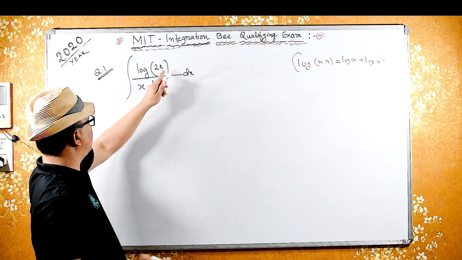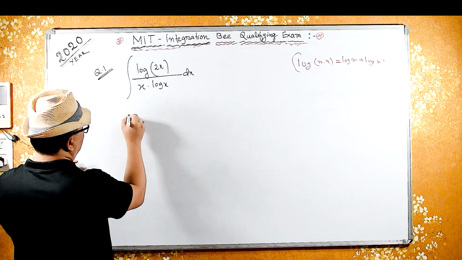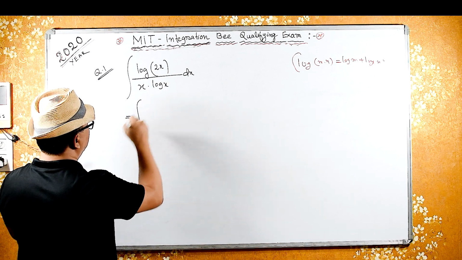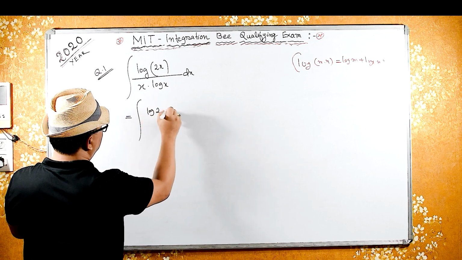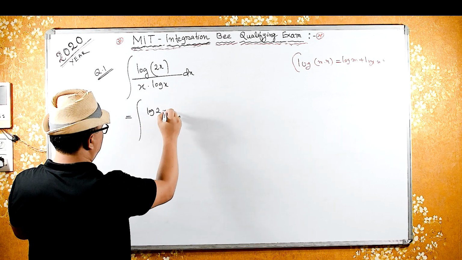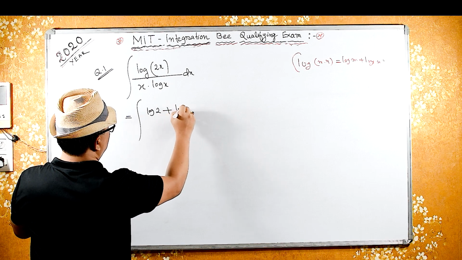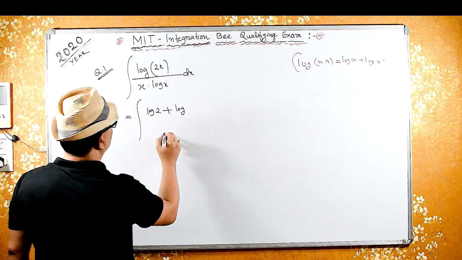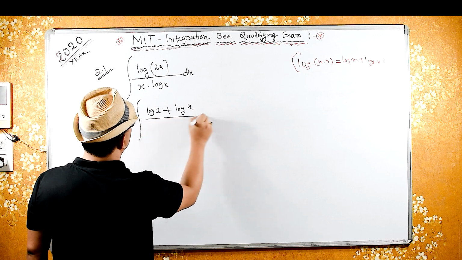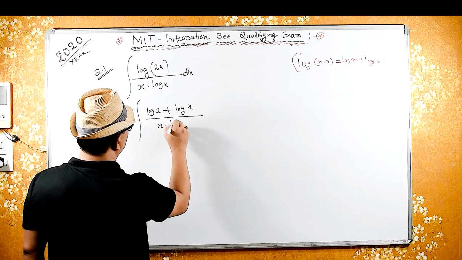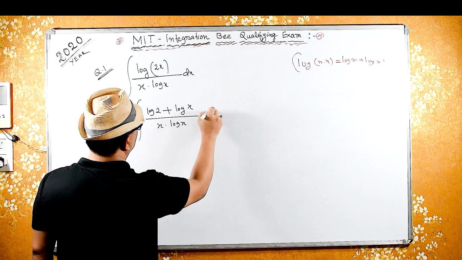Let's bracket this and see what happens before integration. Let's simplify it. This is the same as log of 2 plus log of x, upon x into log x dx.